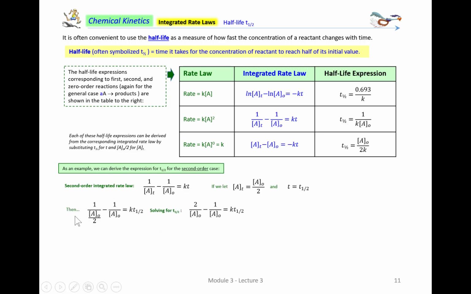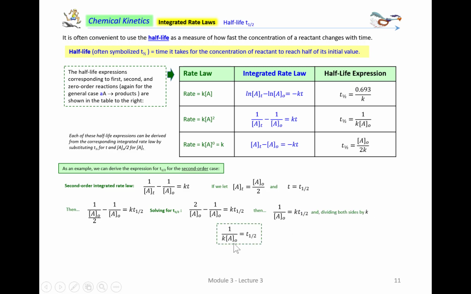If we do that, we have 1 over A0 over 2 minus 1 over A0 equals k times T1/2. Solving for T1/2, this expression 1 over A0 over 2 simply turns into 2 over A0, and now we simply have to subtract 1 over A0, set equal to k T1/2. 1 over A0 would be the result, equals k T1/2, and now we'll solve for the half-life, or T1/2, by dividing both sides by k.